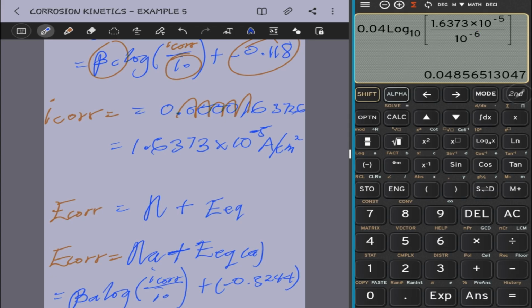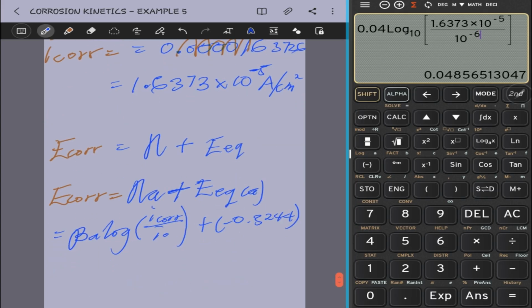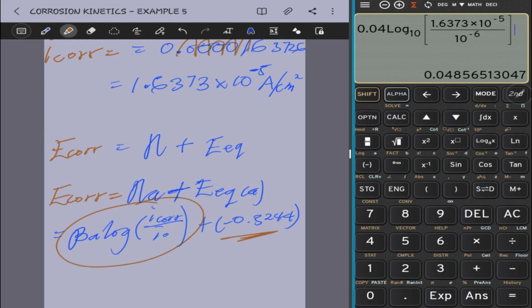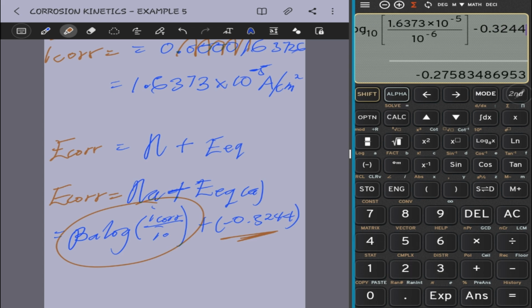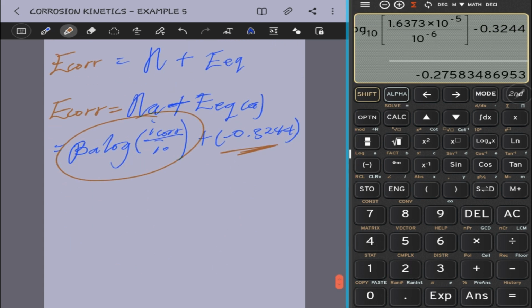So we punched all these in, and we are done with this side. Then we add minus 0.3244, and that gives us E_corr equal to minus 0.275 volts. So that's the E_corr and i_corr, and that's it for this particular example.